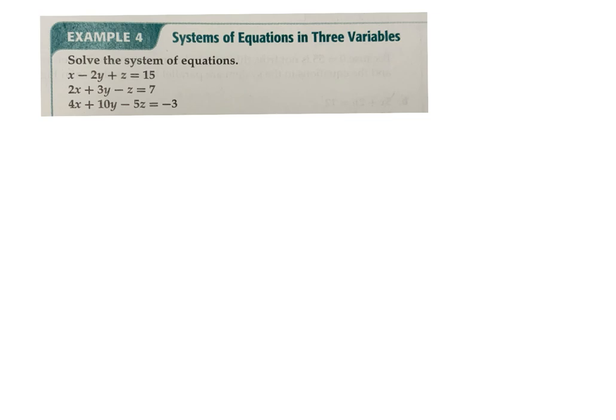And so if we went with z, let's say we chose to eliminate z, then I would pick the first 2 equations here to work with. x minus 2y plus z equals 15, and 2x plus 3y minus z equals 7.